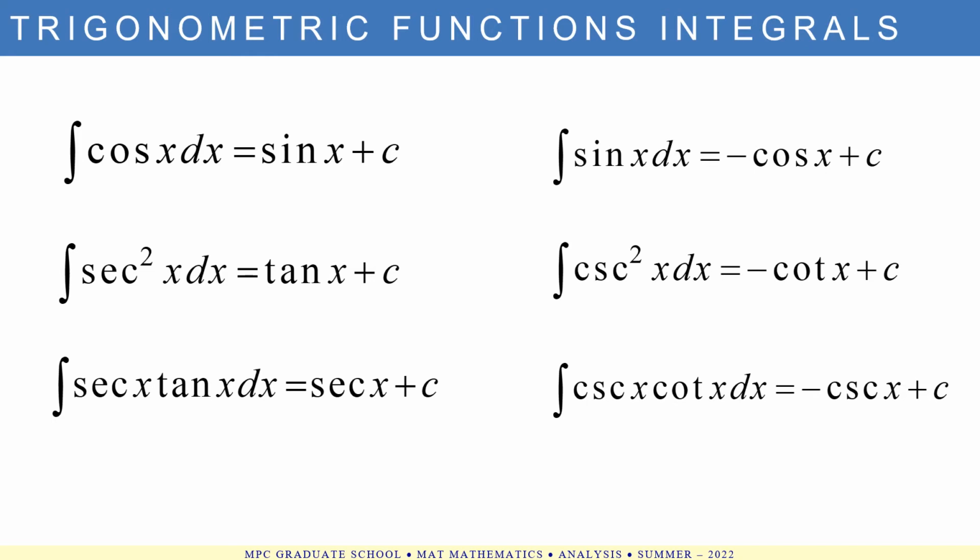The integral of cosecant squared x with respect to x is negative cotangent x plus c. The integral of secant x tan x with respect to x is secant x plus c. Lastly, the integral of cosecant x cotangent x with respect to x is negative cosecant x plus c.